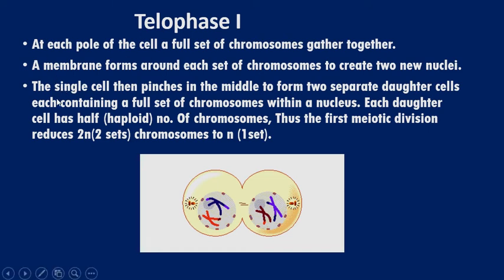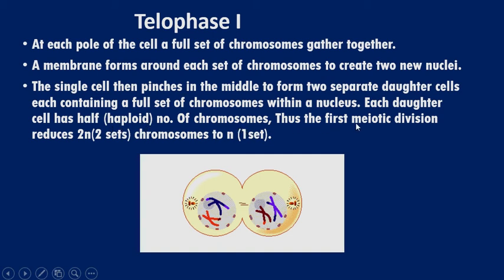Now we can see here the single cell pinches in the middle to form two separate daughter cells, each containing a full set of chromosomes within a nucleus. Each daughter cell has the haploid number of chromosomes.